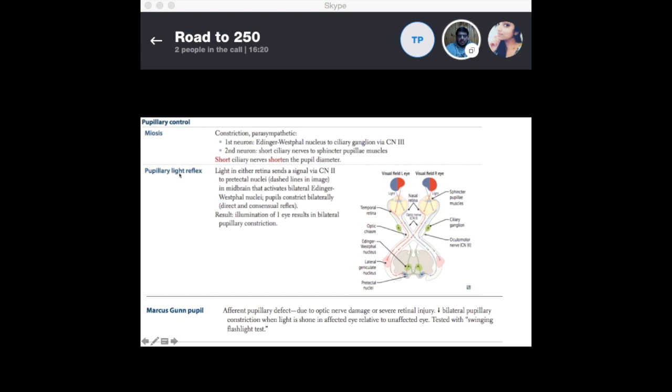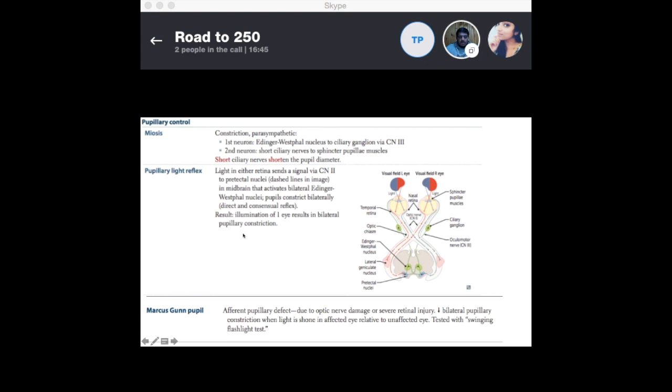And then obviously, for the pupillary light reflex, as we just mentioned, light enters the retina and sends a signal via cranial nerve 2 to the pretectal nucleus in the midbrain, and that activates your bilateral Edinger-Westphal nuclei, and your pupils constrict bilaterally. So illumination in one eye will result in bilateral pupillary constriction.